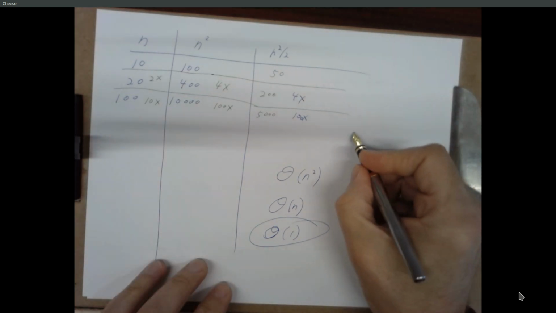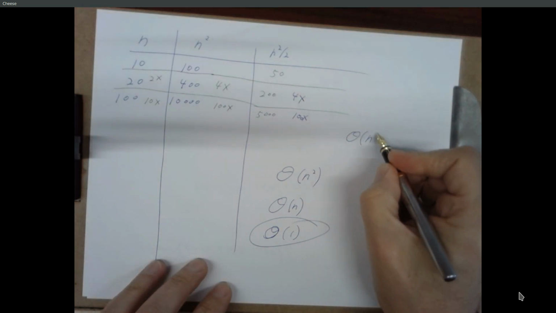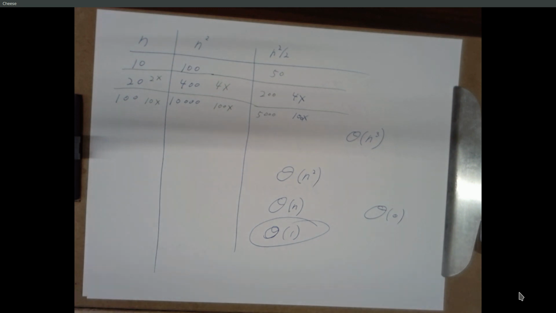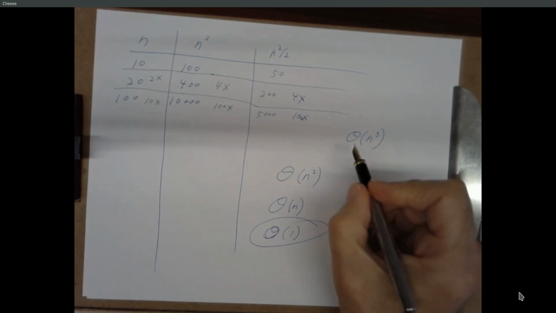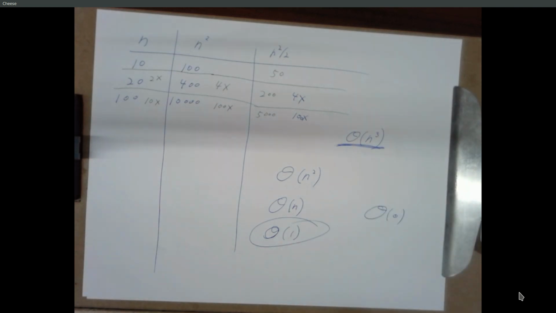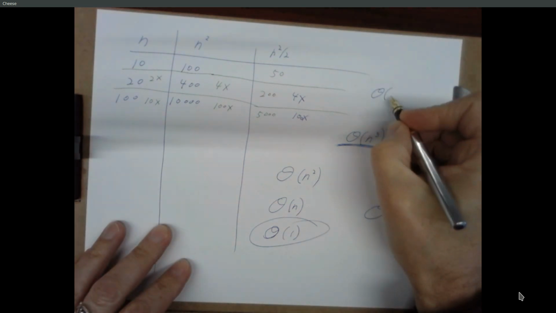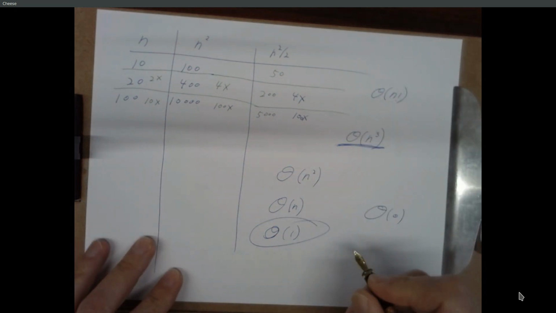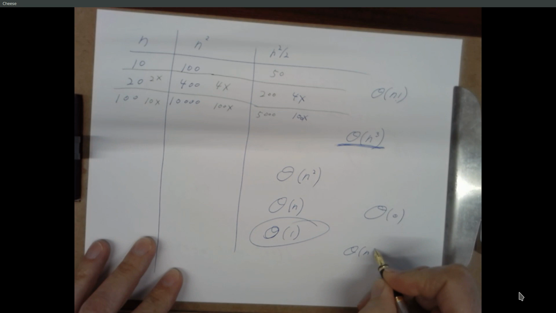So other things that we'll encounter, you'll find order n cubed algorithms. Those are even worse than n squared. Doubling the amount of data takes 8 times as long. But this is still considered desirable sometimes compared to this, order n factorial, or order n to the n.